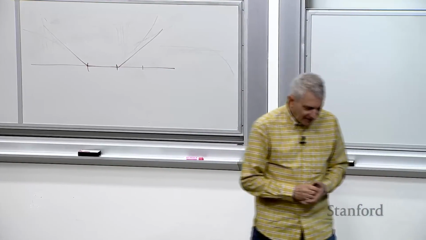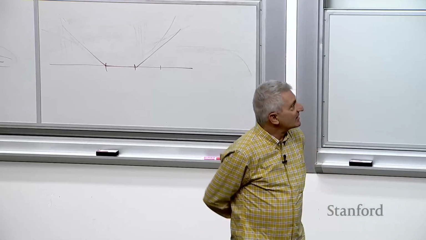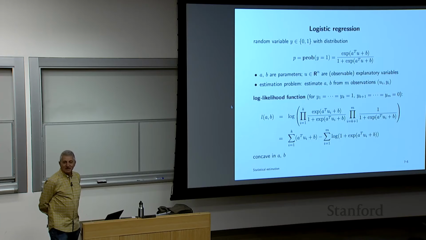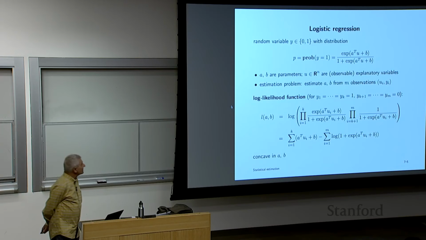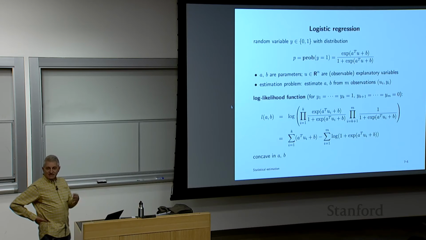So okay. We'll look at just a couple of others. So logistic regression, which I very much hope many people have seen, but anyway. And it's the same sort of thing, right? You would say, I have a random variable, takes value 0, 1, and the probability of being 1 is a logistic of this thing, which is an affine function of some features or explanatory variables that you can see, right?